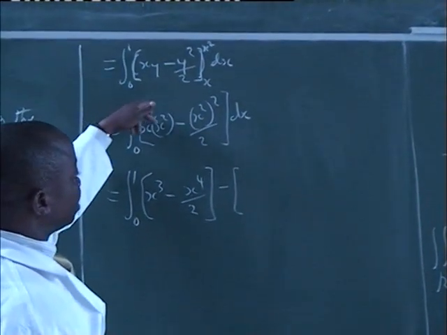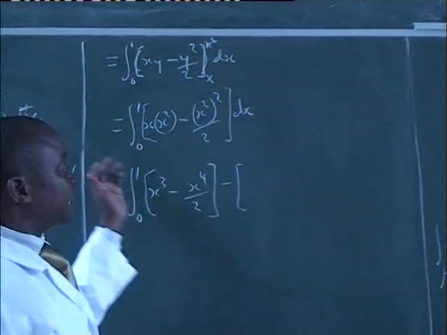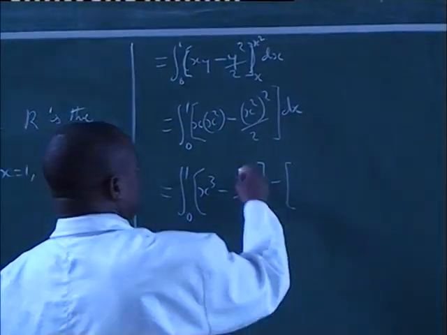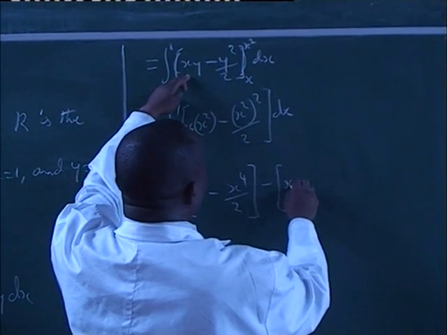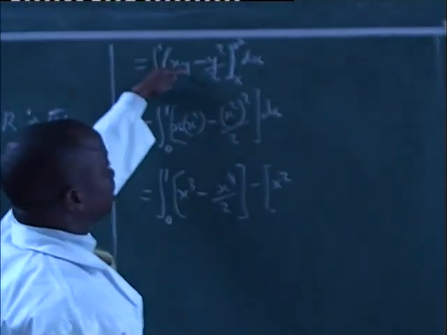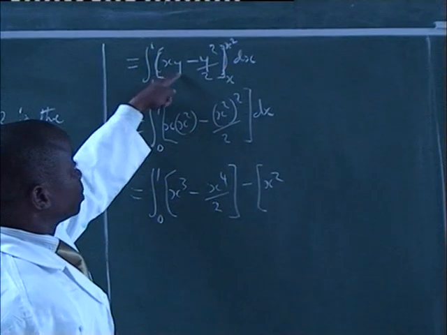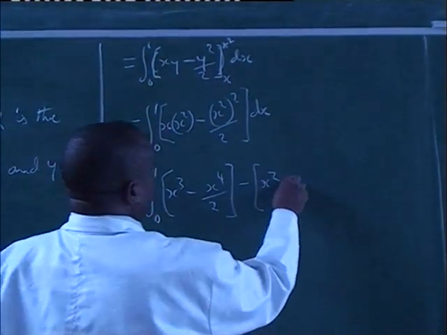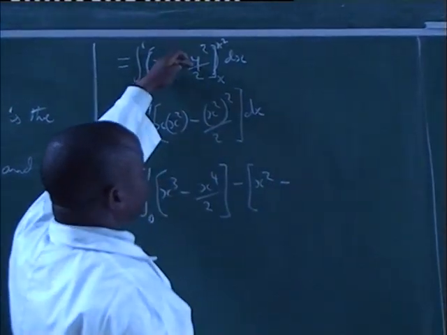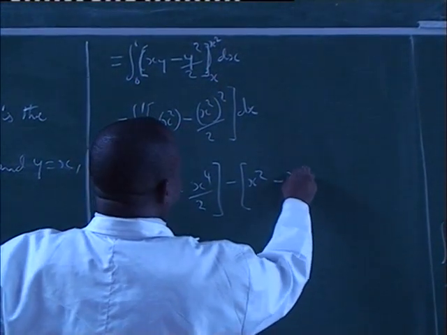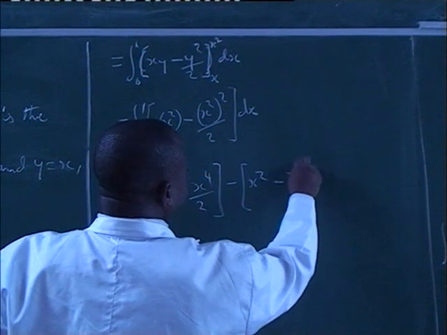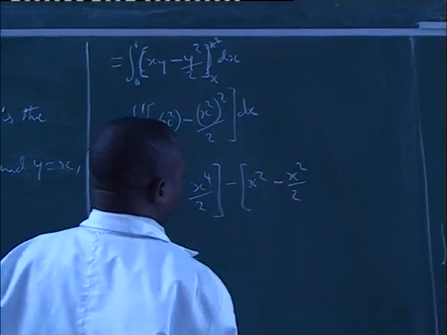Now, after putting in the upper one, minus the lower one: if you put x here, we get x squared minus, and putting x again, we also have x squared over 2.